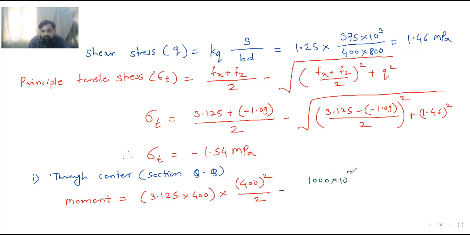So now if I take it into consideration, then here it is minus 1000 into 10 to the power 3 divided by 2, by doing the average, into 200 by 2. Okay, so now if you solve this, what is the value of M? What is the answer for the moment?